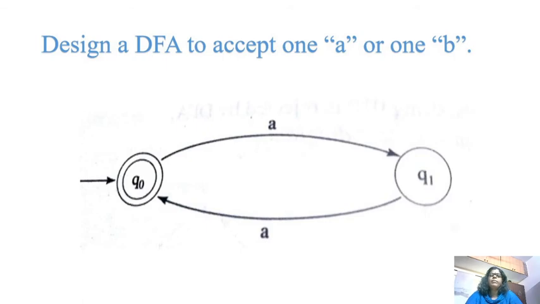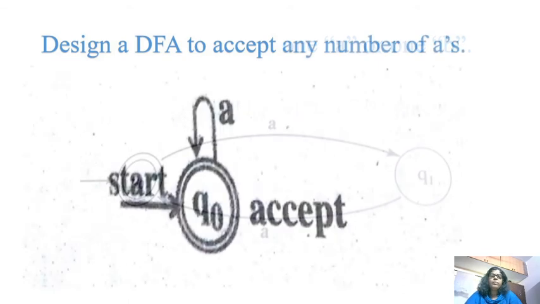Q naught definitely accepts the A, since Q1 is not a final state, Q naught itself is a final state and a start state, so definitely it accepts A. Okay, so here design a DFA to accept any number of A's.